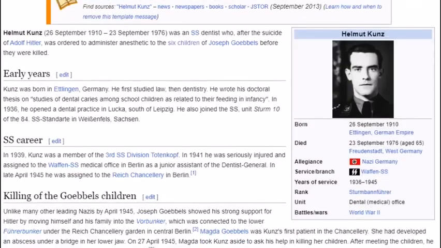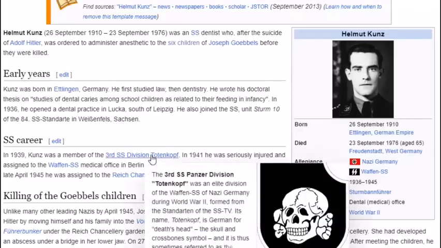Yeah, look, there he is in his bright and shining uniform of the Waffen-SS and the Sturmbannführer. You know, look, he died in 1976, age 67. He was even in the Totenkopf-Division, with the skull and bones Freemason symbol in it.